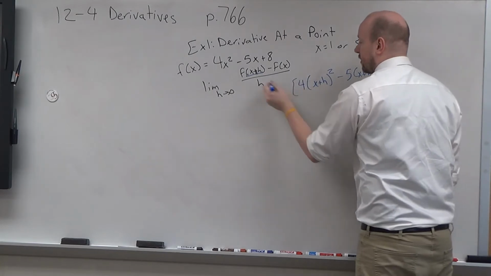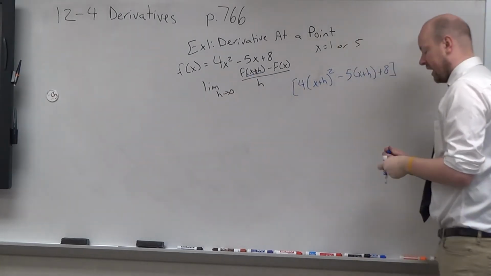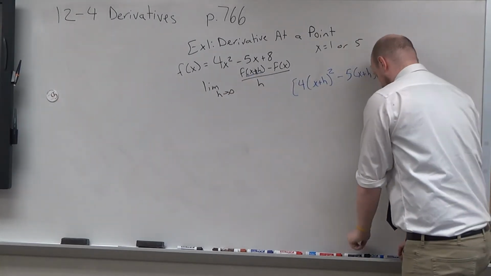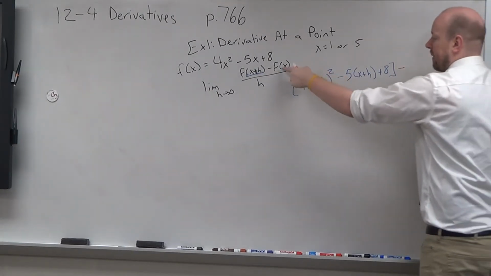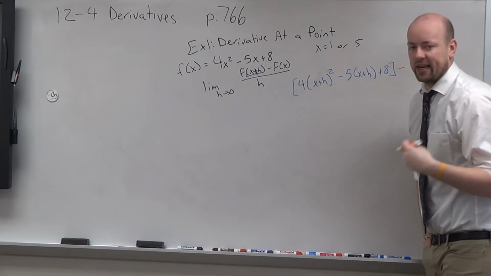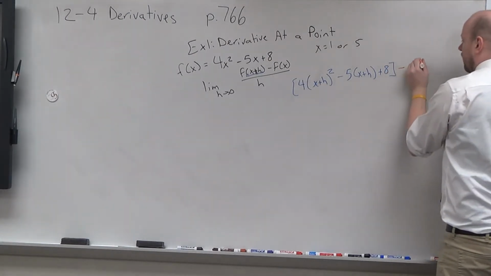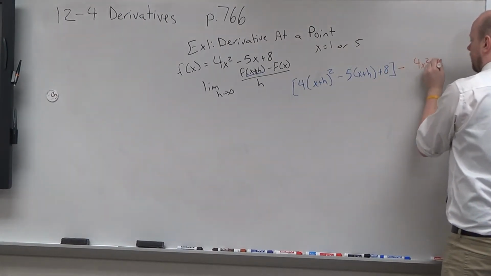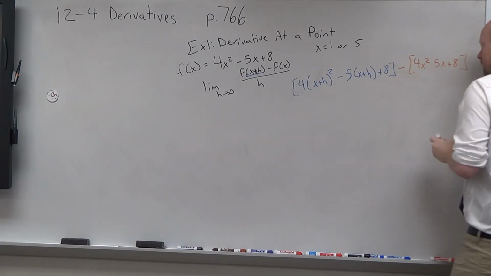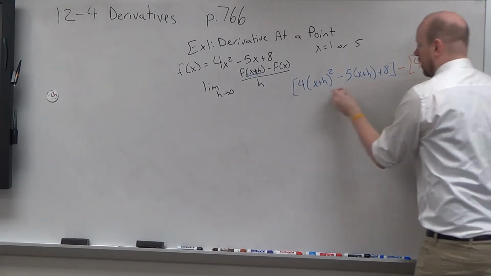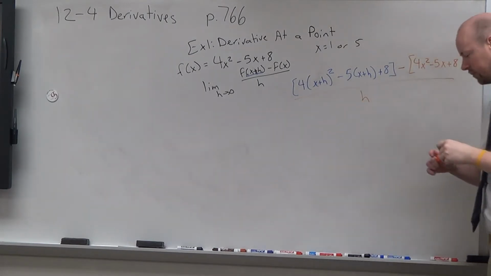That would be my f of x plus h. And then I have a subtraction sign. And then I get my f of x, where in this case I'm plugging in x for x, so things stay the same: 4x squared minus 5x plus 8. And I'm still all over h.